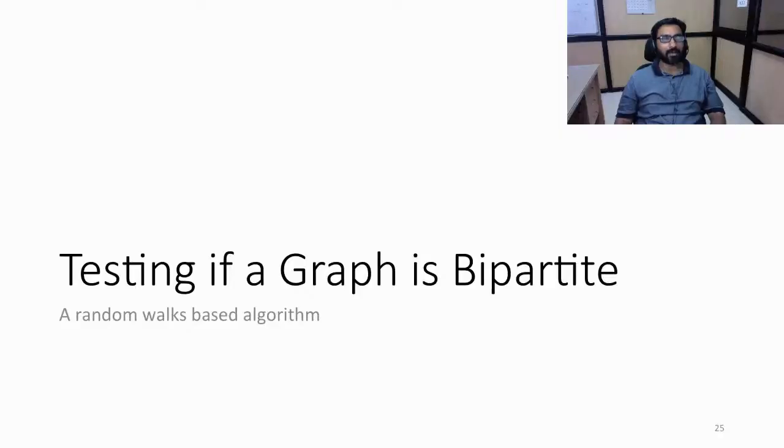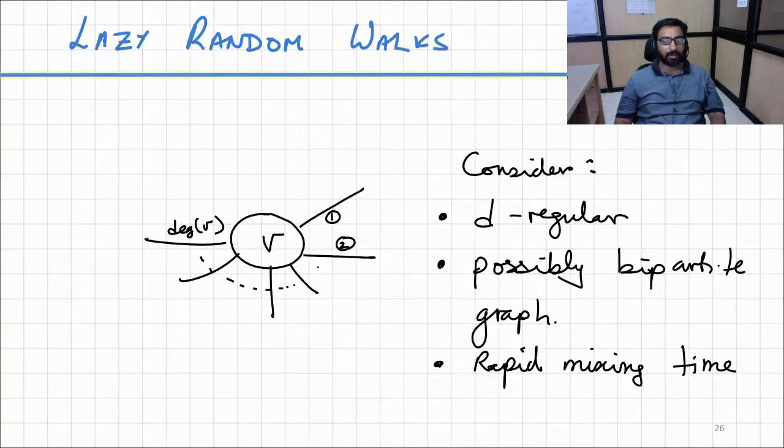In this segment of our lecture on random walk-based algorithms for property testing, we are going to look at an algorithm to test whether a given graph is either bipartite or far from being bipartite. So we're going to be using random walks, but we need to be a bit careful here because we're dealing with bipartite graphs.